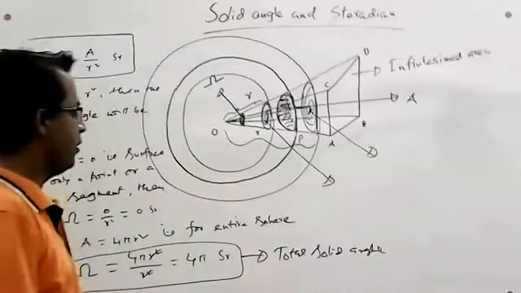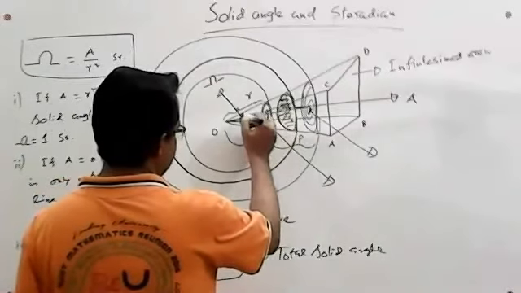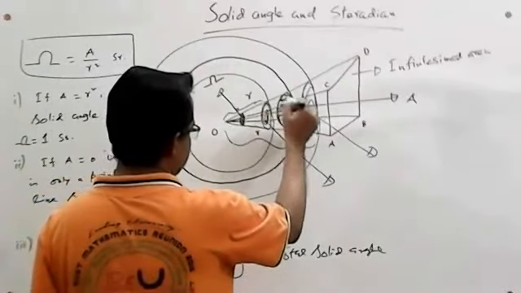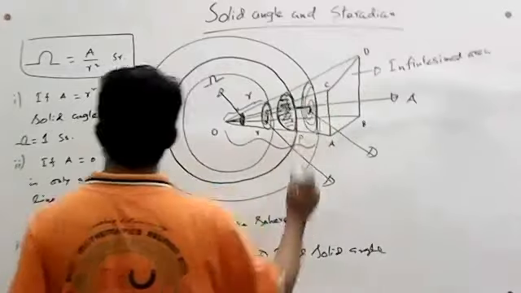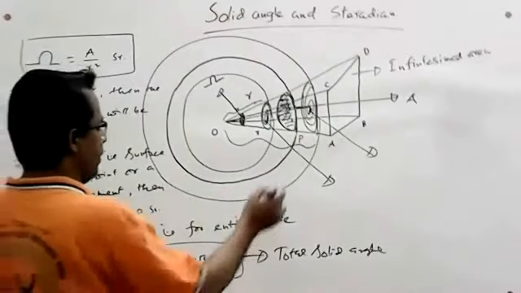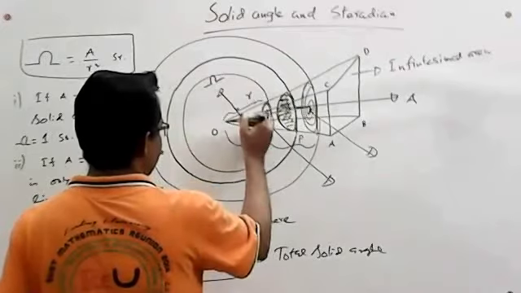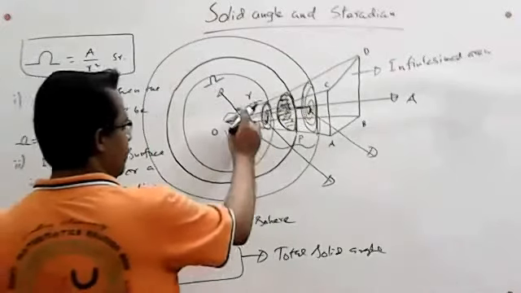Here, for all of these surfaces, this surface or this surface or this surface, 1 steradian, 0 steradian, and 4 pi steradian will remain unchanged. That is, for each and every case, the solid angle will be constant for these surfaces.